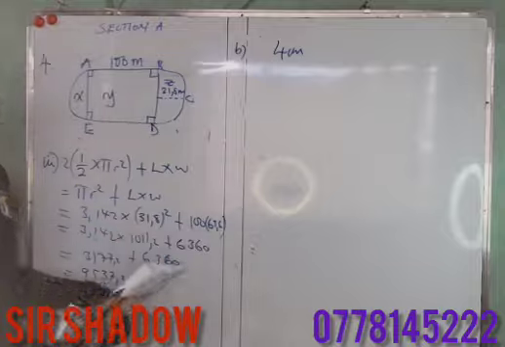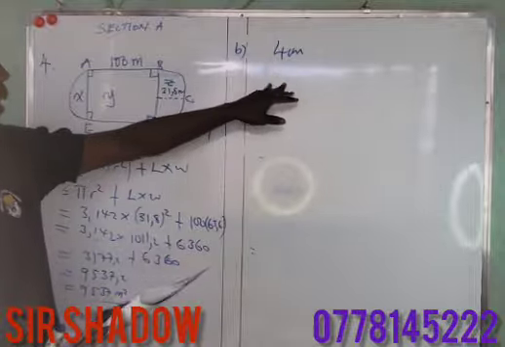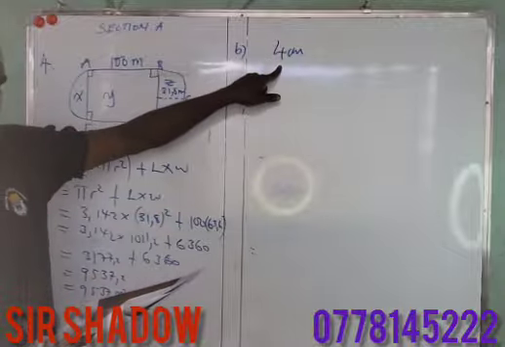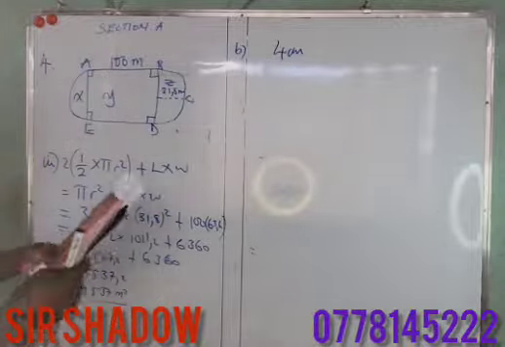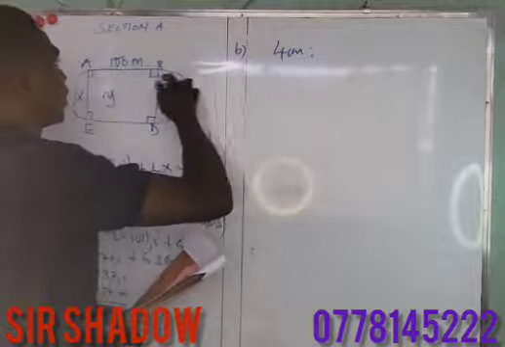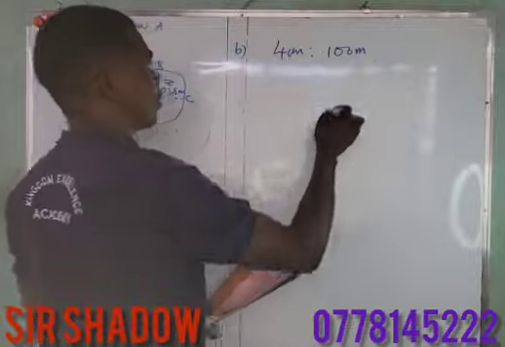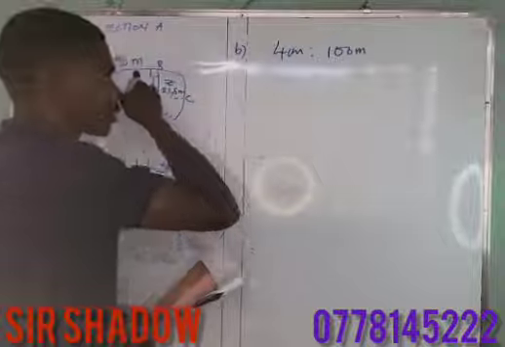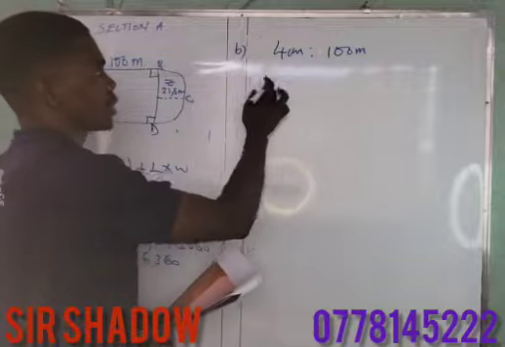On the map, length AB is 4 centimeters, but on the ground it is 1,000 meters. But remember, these are centimeters and these are meters, so we have to convert them into the lowest unit, which is centimeters.